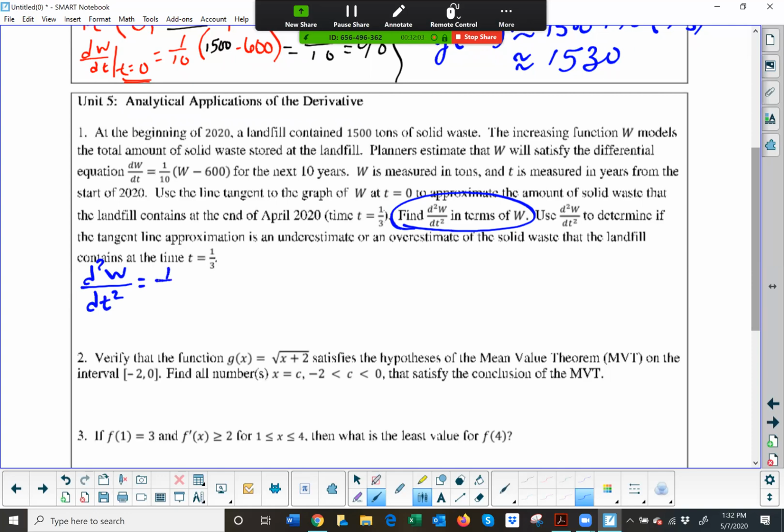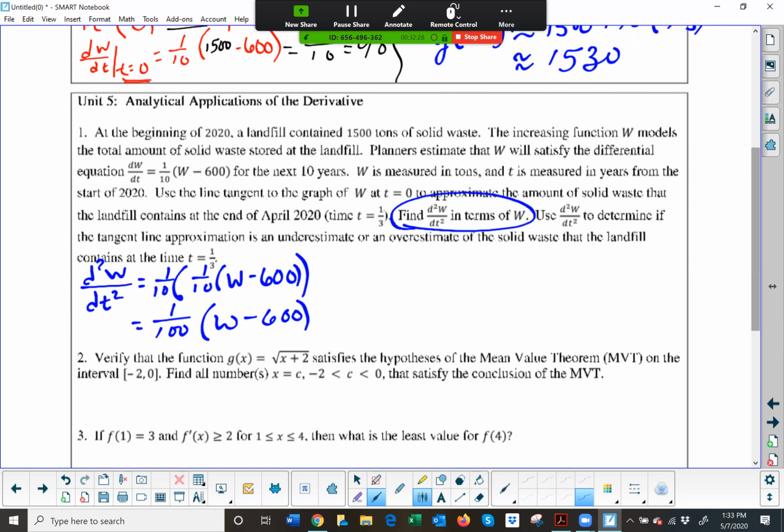It was 1/10 of, actually it was 1/100th when we got said and done. I'll just go 1/10 of 1/10 W minus 600. Okay, so we got our second derivative.